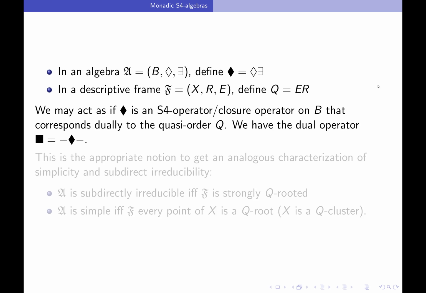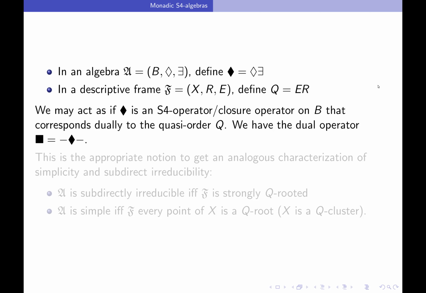So a quasi-order composed with an equivalence relation will again be a quasi-order. The punchline here is we can pretend as if this black diamond is an S4 closure operator that dually corresponds to this relation Q. So the operation black diamond is given by Q inverse in the dual space. And again, we have black box, which is the dual interior operator.